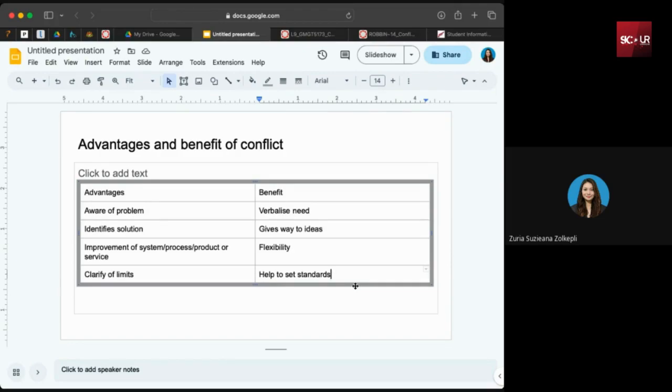But maybe in a certain industry, you don't have that choice. You don't have the choice to choose your team members because everyone has their own position, right? So maybe you have to work with him or her. But again, help to set standards means that if you know that this person is defensive, this person really cannot tolerate.